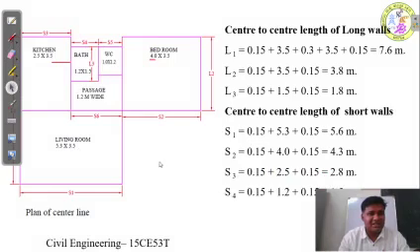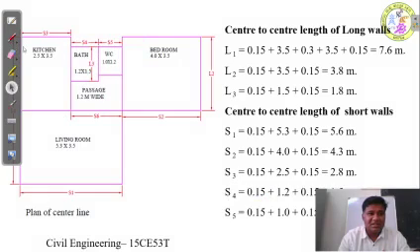Similarly, the next wall is S4. So this wall is S4, and for S4, the center to center line width is 0.15, plus the width is 1.2, plus again this width is 0.15. Total it will come to 0.15 plus 1.2 plus 0.15, which is 1.5 meters.